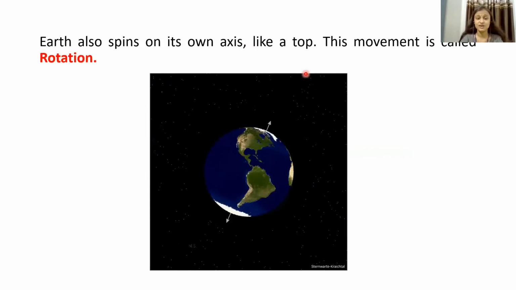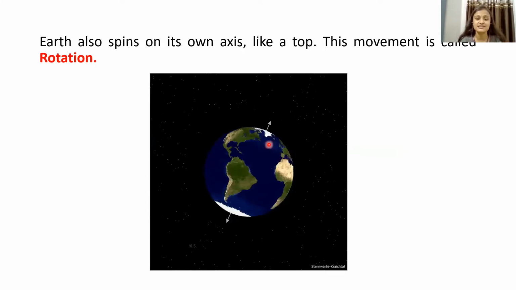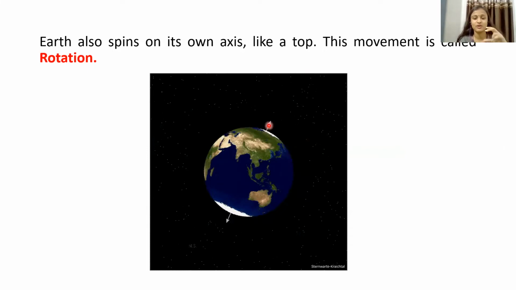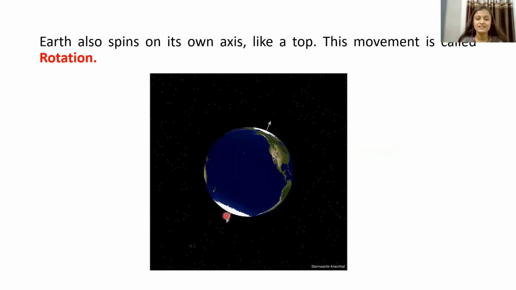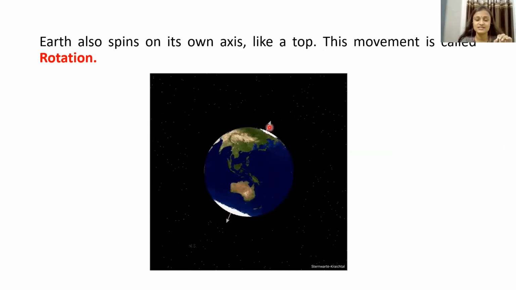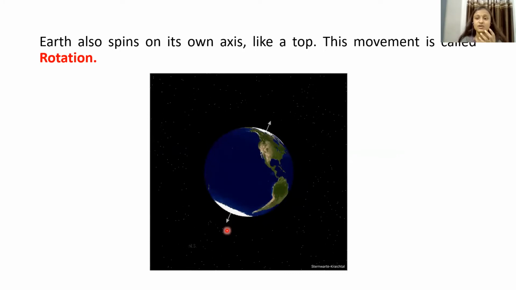Next, Earth also spins on its own axis. So we already know by now what is axis. This is axis. This polar end, the North Pole and the South Pole, is called Earth's axis. This is an axis, this is another axis, and our Earth rotates on the axis on its own.